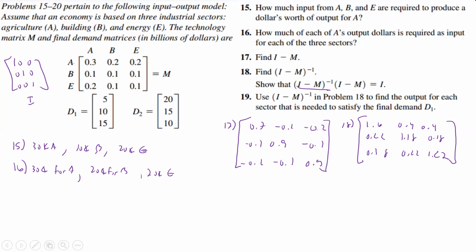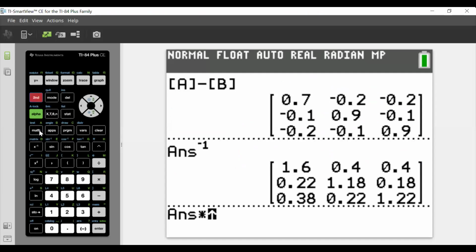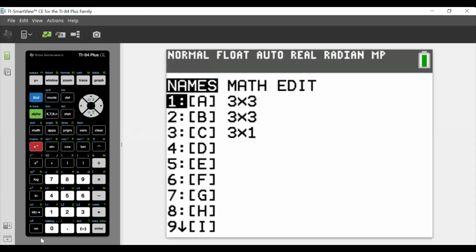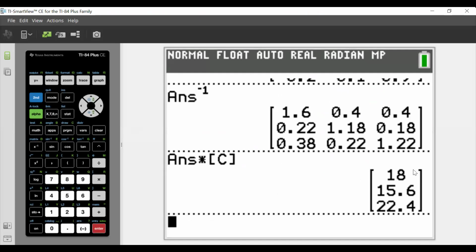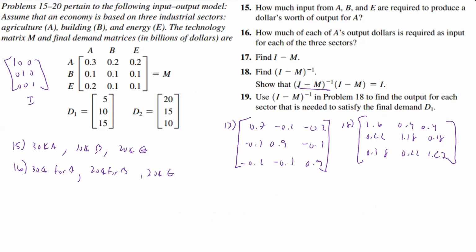So now we're going to take this answer times the second matrix, and now we'll use our 3. That gives us 18, 15.6, and 22.4. And what does that mean? That means for 19, ag is going to be 18 billion dollars.